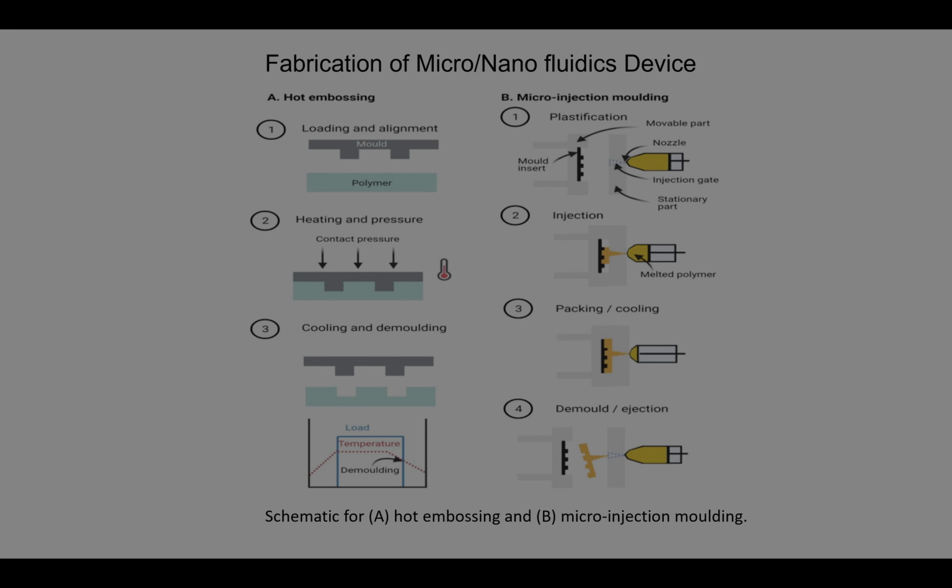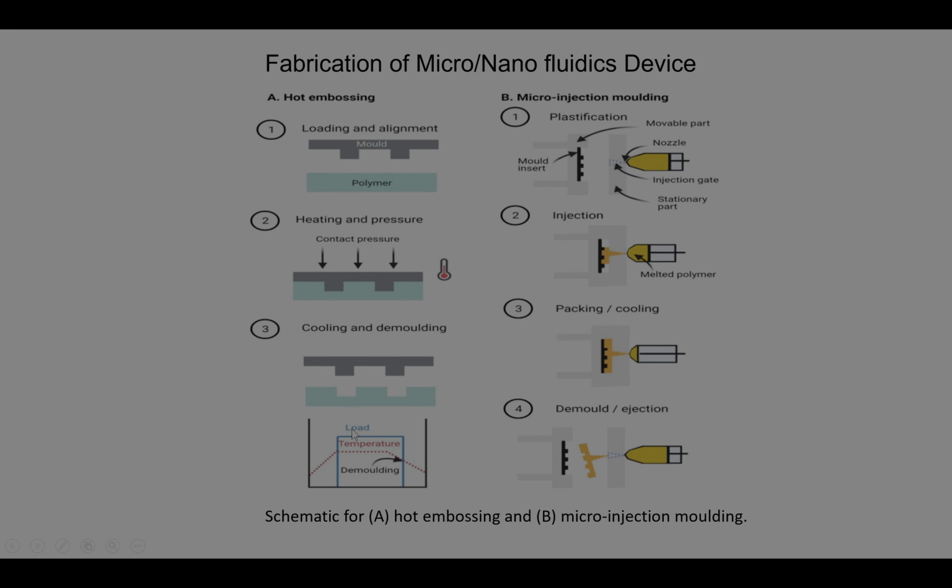Then the fabrication of microfluidic and nanofluidic devices has been shown here. In that, figure A shows the hot embossing technique, loading and alignment. The mold can be aligned with a polymer where, after heating and pressure, using the contact, it can be molded and generate the fluidic channels.